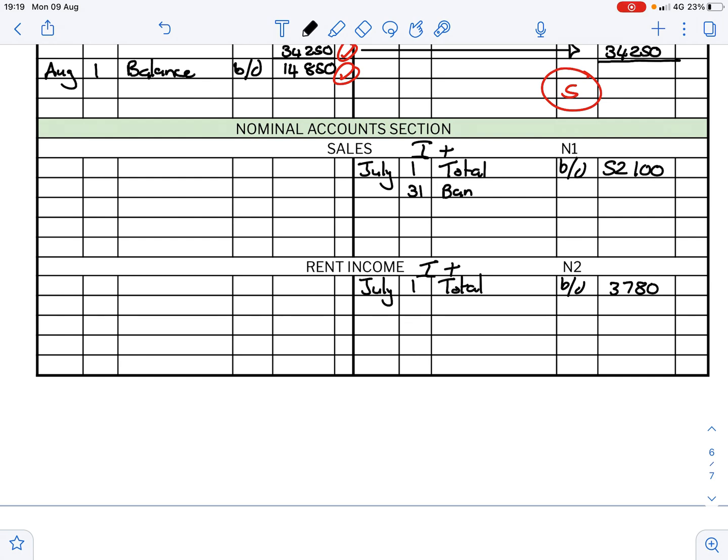The first, we use the contra account bank because they are cash sales from the CRJ, and that total was 56,400. We then have debtors control, which is our credit sales from the DJ, and that amount was 18,250 Rand.